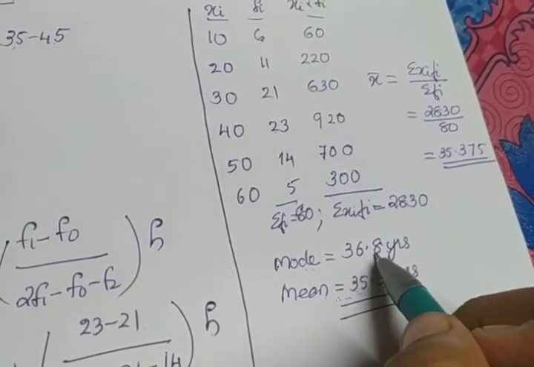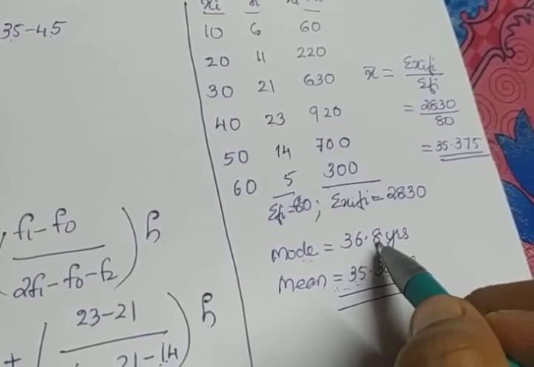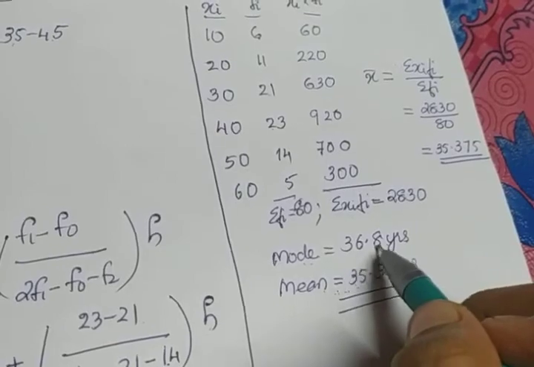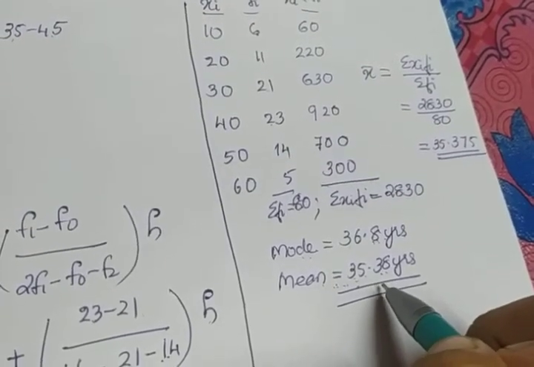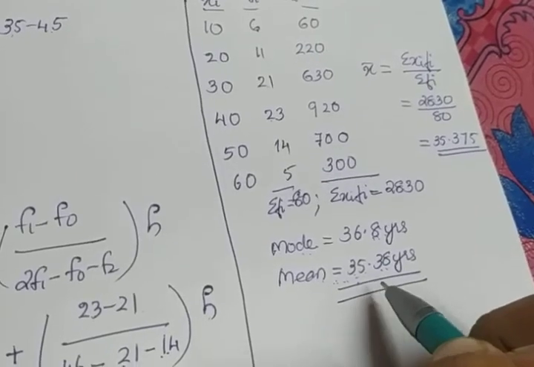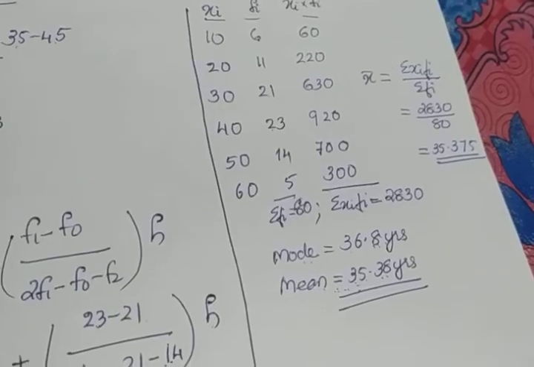Mode equal to 36.8 means the maximum number of patients admitted in the hospital are of the age 36.8, and mean equal to 35.38 implies the average age of patients admitted in the hospital is 35.38.